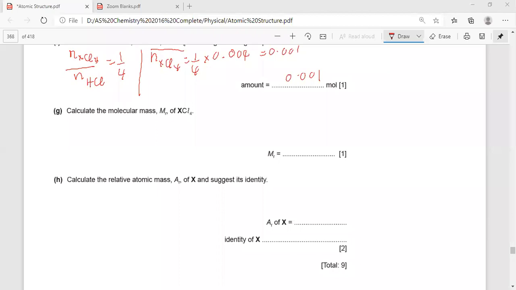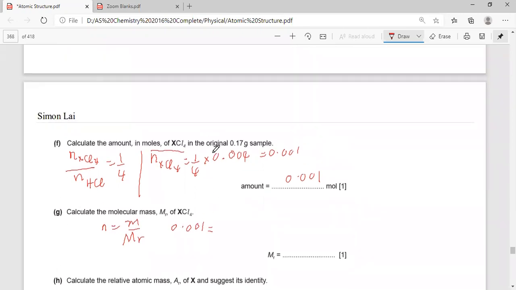Okay, now here. So for the molecular mass, remember number of moles equals mass over Mr. So what's the number of moles here? 0.001. Now what's the mass of your XCl4?